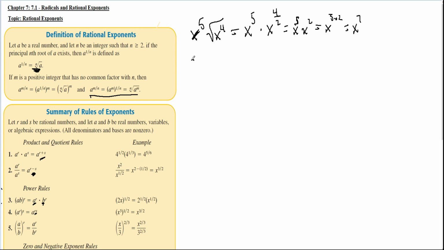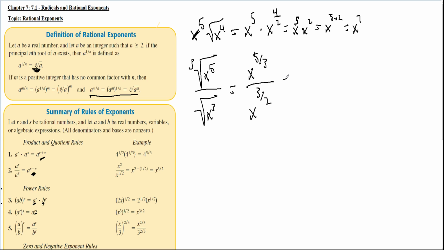If I have the cube root of x to the fifth being divided by the square root of x to the third, I have to rewrite both of these radicals using my definition. So I have x raised to the 5/3 power and x raised to the 3/2 power. From here, I can apply my rules, and this is similar to rule 2.